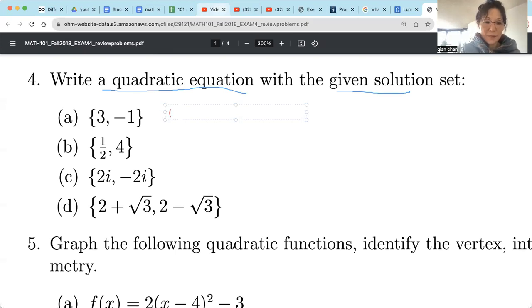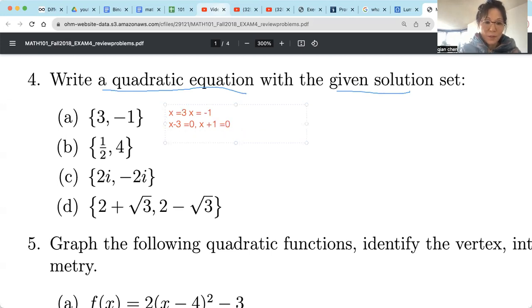So let's see A. Let's start with this. That means I have two x values, x equals 3 and x equals -1. With these two equations, I can rewrite it as x minus 3 equals 0, and x minus -1, which is x plus 1, equals 0.